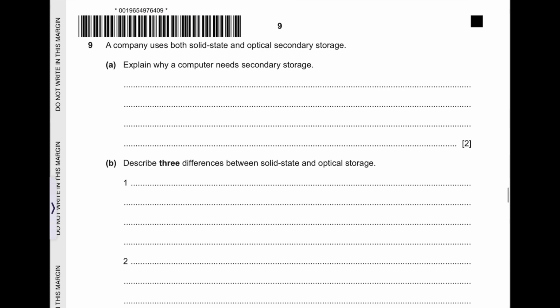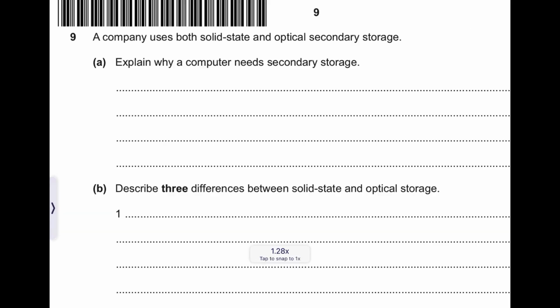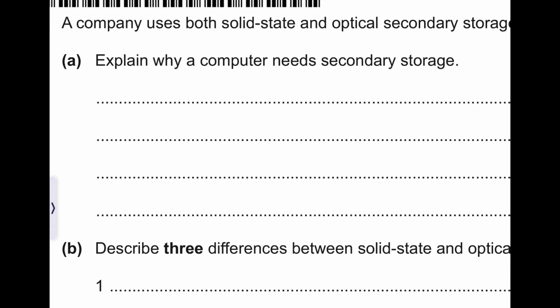Question number 9 says a company uses both solid state and optical secondary storage. Explain why a computer needs secondary storage. 2 marks, or at least 2 reasons for it. So one reason for secondary storage, which can include HDD, SSD, so the largest storage that you have in a computer, is that the main purpose of this is to store your data or files permanently, because any data stored in the RAM would be deleted once your computer is shut down.